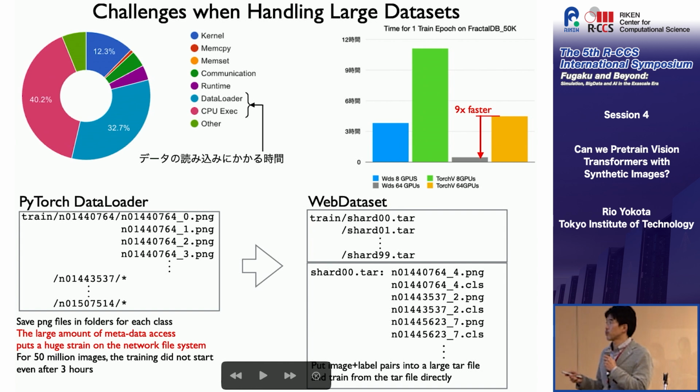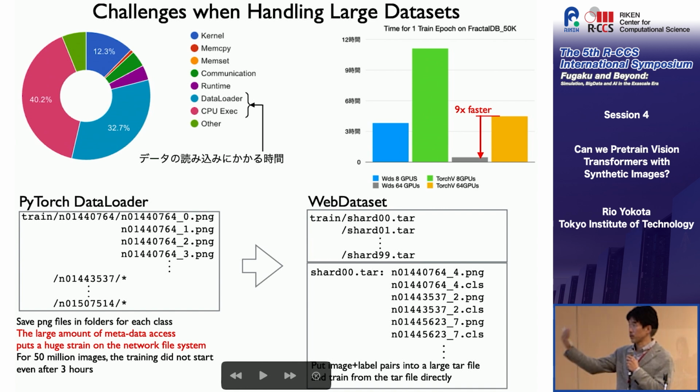And so more recently, what people do nowadays is they use this thing called web datasets. There are other variants, not just web dataset, but you put all your images along with a file that indicates which class it belongs to, and then you pack this into a tar file, typically with like 10,000 of these image and class pairs. And then you put each tar file on each node, and then you just read your local file.